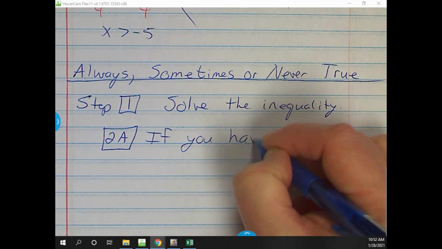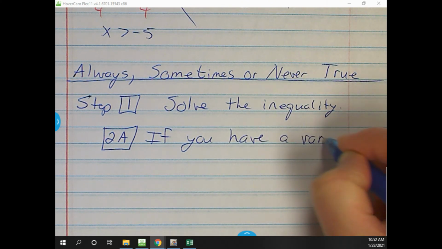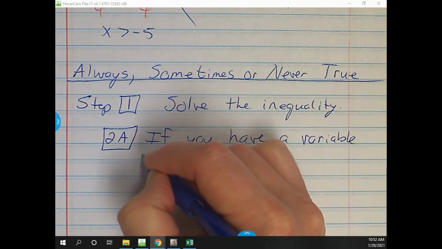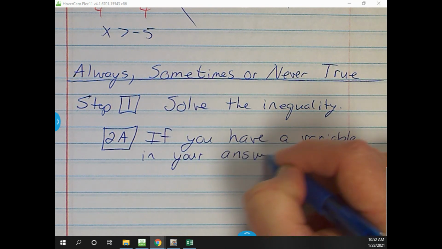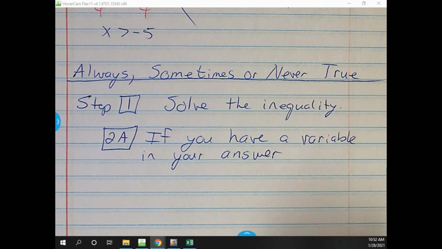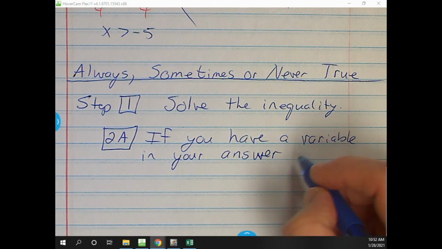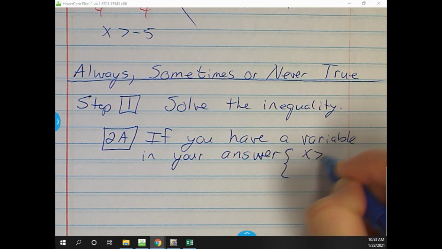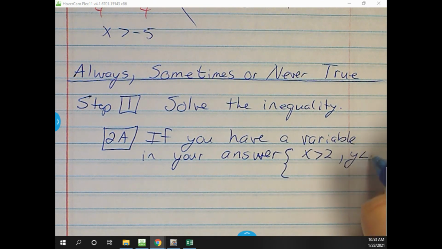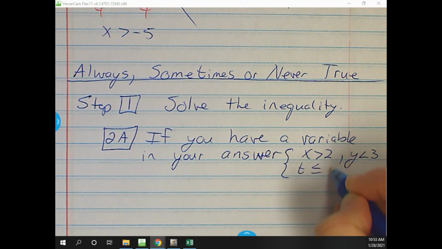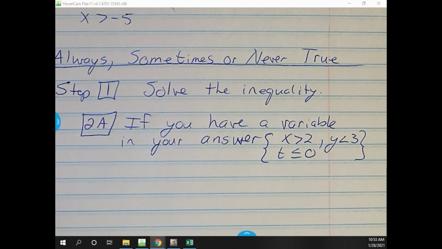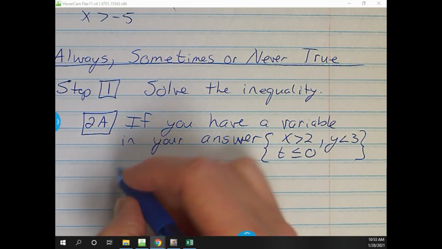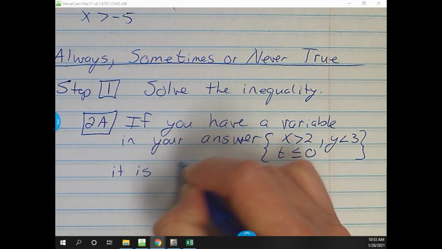If you have a variable in your answer, so if you have x is greater than 2, or y is less than 3, or t is less than or equal to 0, it doesn't matter what it is. If you've got a variable that's left over in your answer, it is sometimes true.